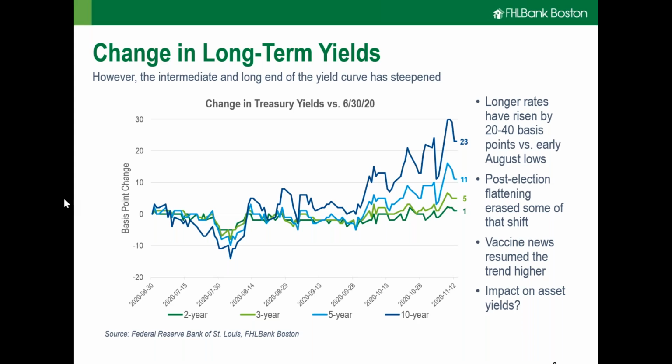However, it's not unreasonable to think that the Fed would allow the long end to drift higher while still keeping short-term rates at 0. And in terms of adding asset duration to your books, there are some better entry points now versus a few months ago.